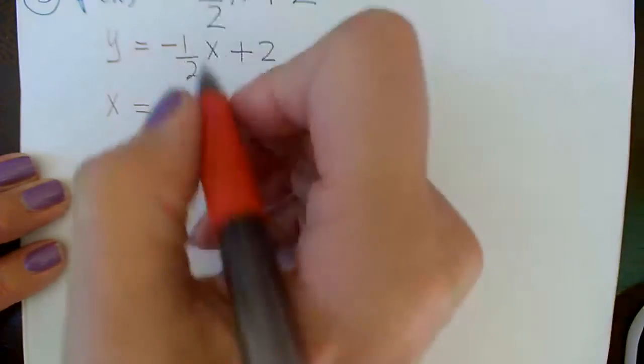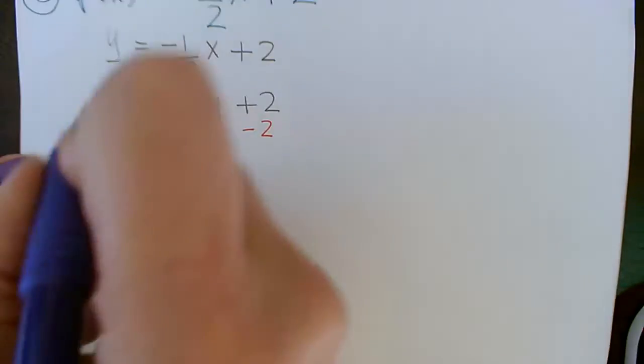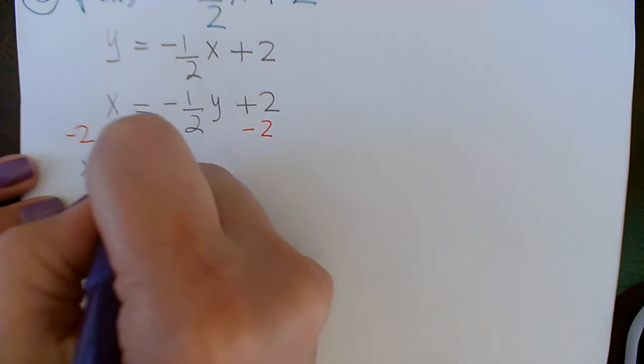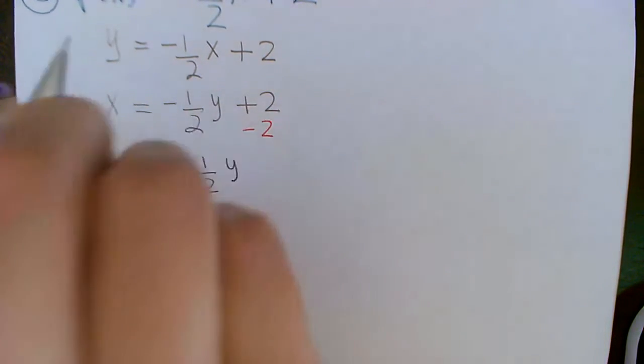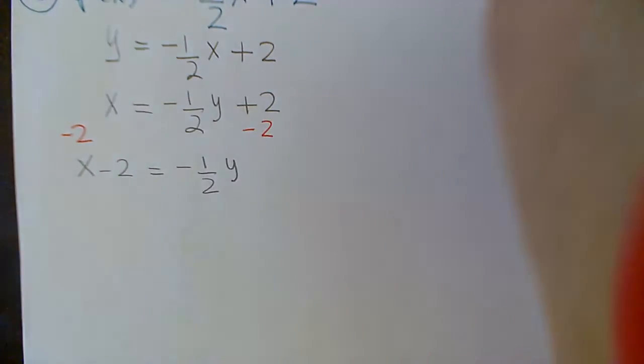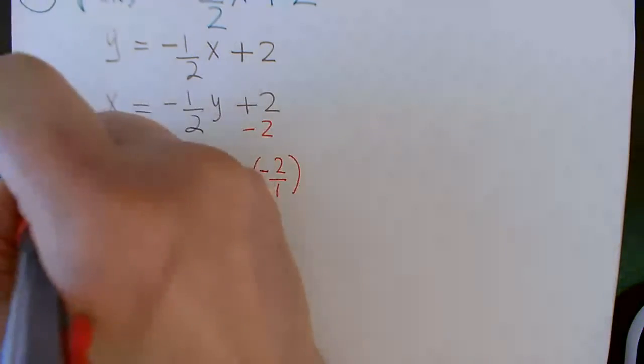So what I need to do is make a 0 here. We have x minus 2 equals negative 1 over 2 y. Now what we need to do is multiply by the reciprocal.